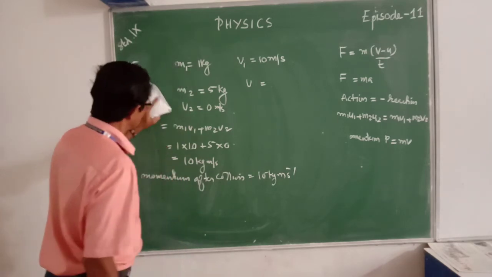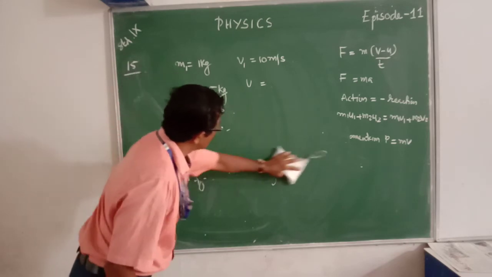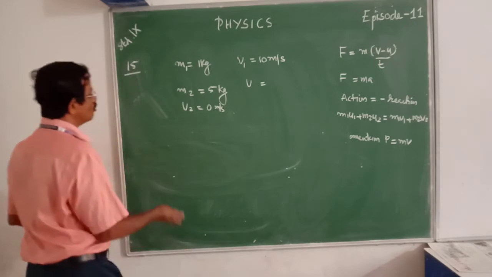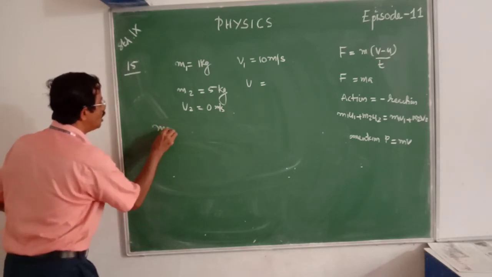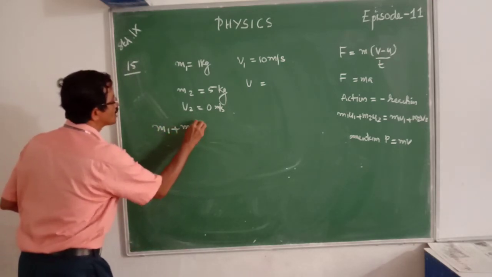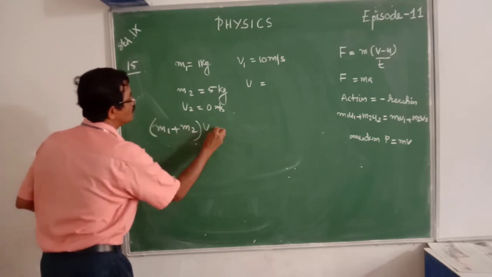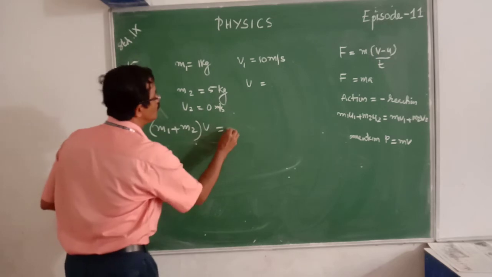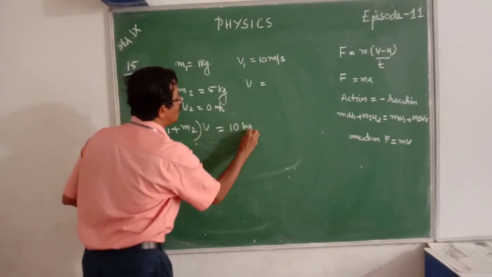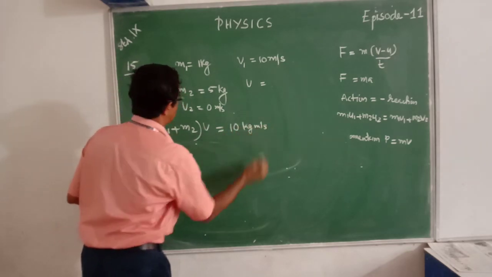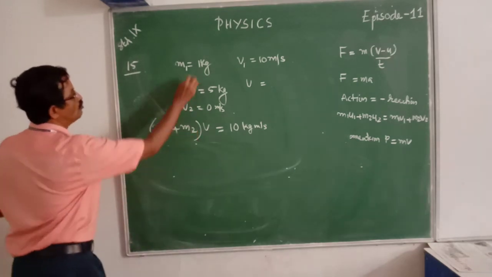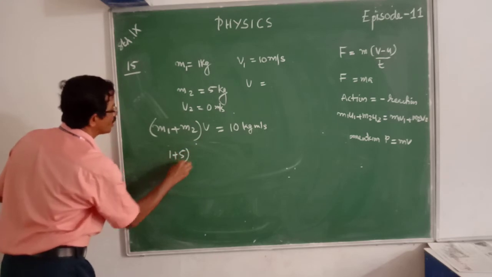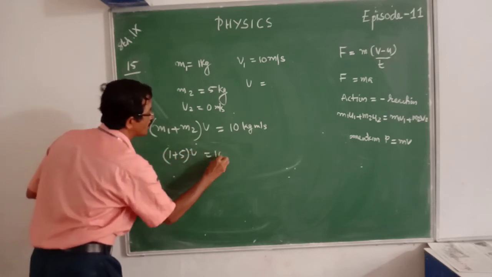See, momentum before and after collision are the same. So after collision, M1 plus M2 stick together and move with velocity v, and the momentum of these two is equal to the momentum after collision, 10 kilogram meter per second. M1 is 1 plus M2 is 5, into v is equal to 10.